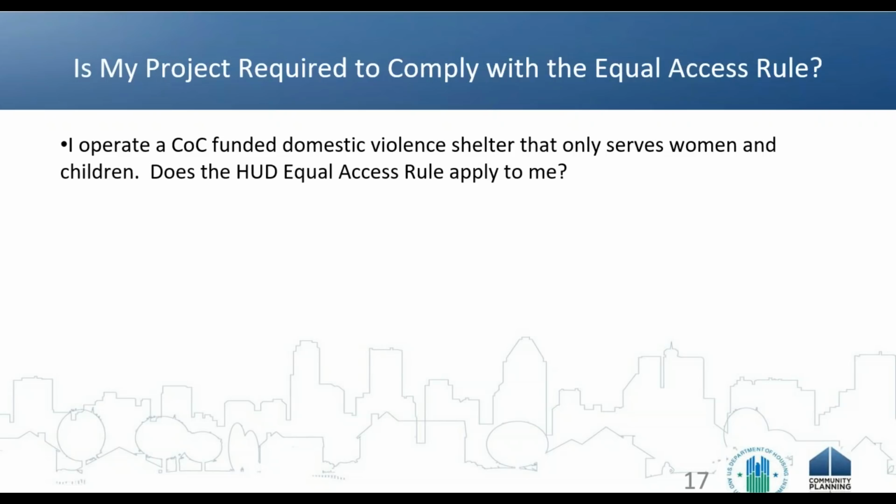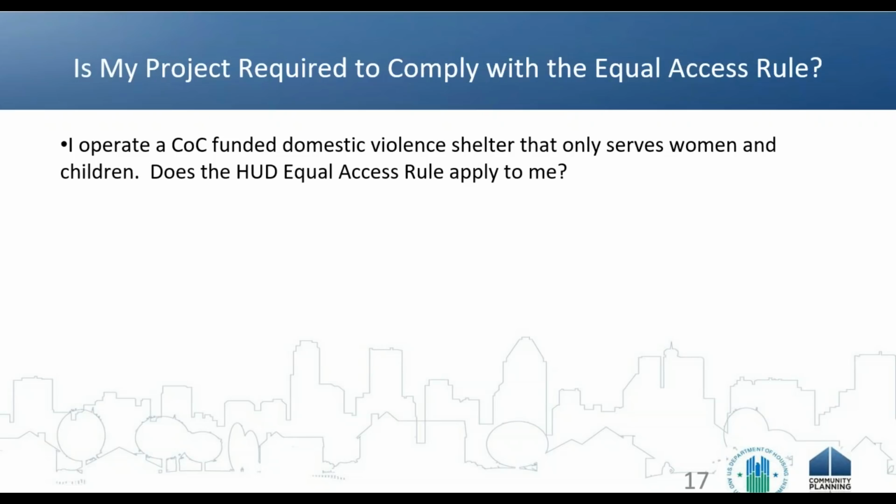It's fine to say we serve domestic violence survivors, but if you are using HUD funds to serve domestic violence survivors and their children, then using those federal resources we have to serve all survivors of domestic violence at that project. That includes households that are headed by men that are survivors of domestic violence.